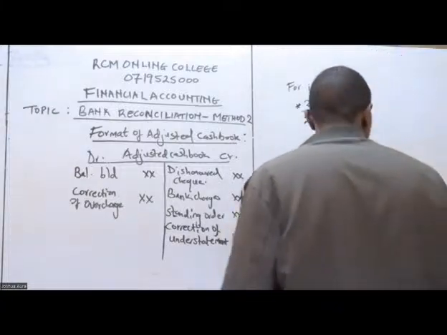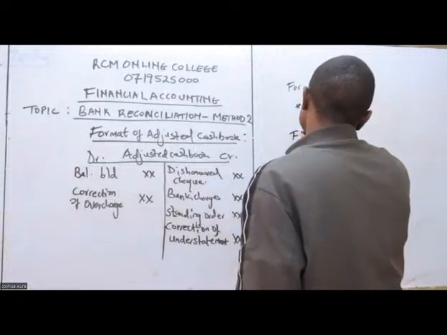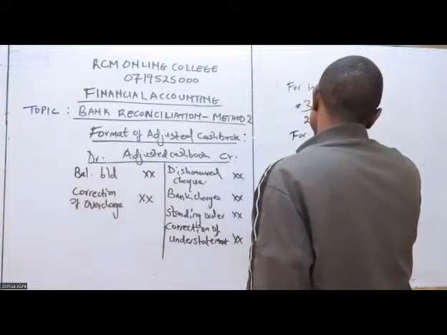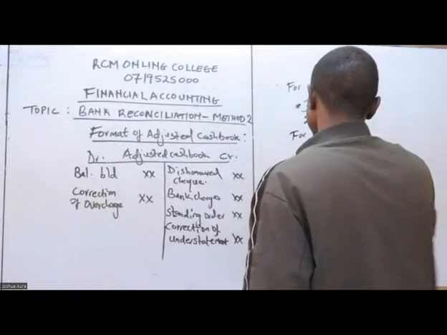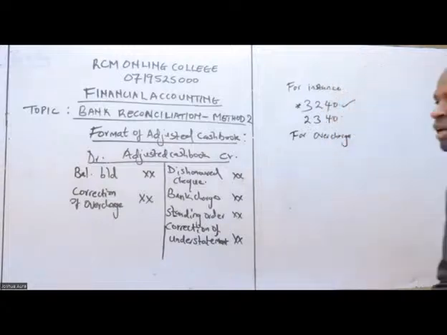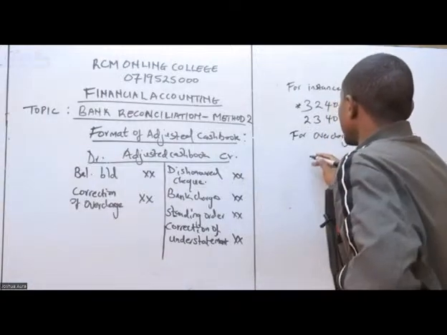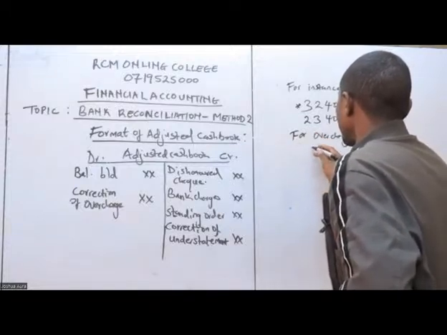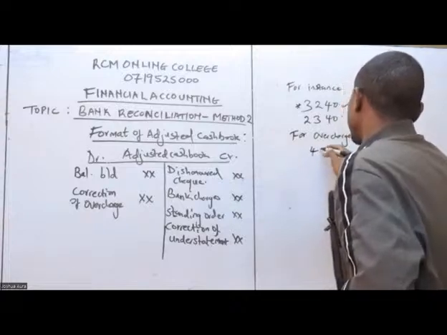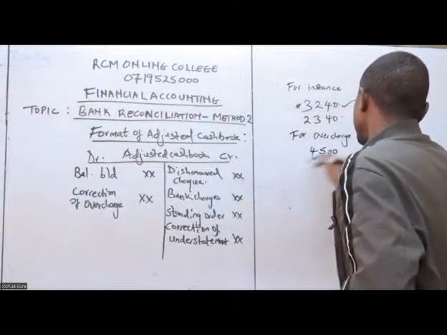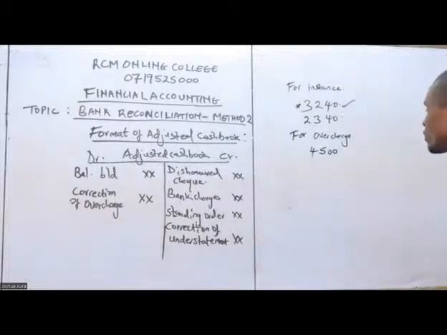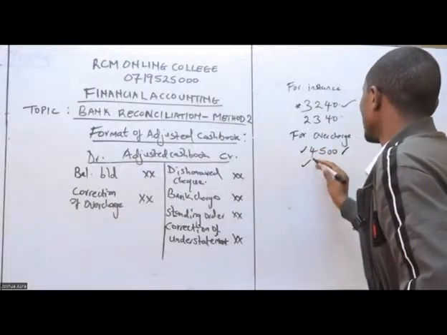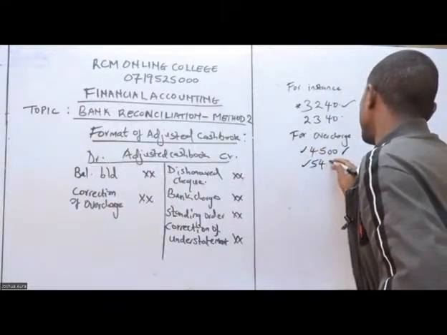For overcharge, you can give an example. You had a transaction which had a value of 4,500, but when entering this transaction, you entered 5,400.